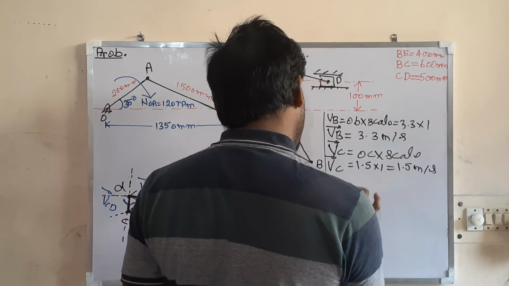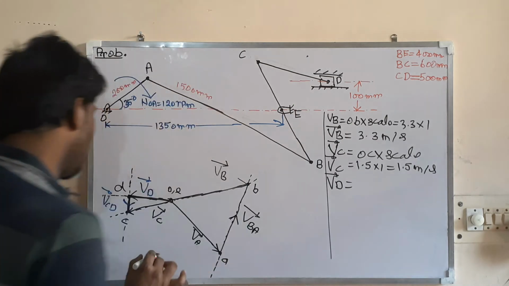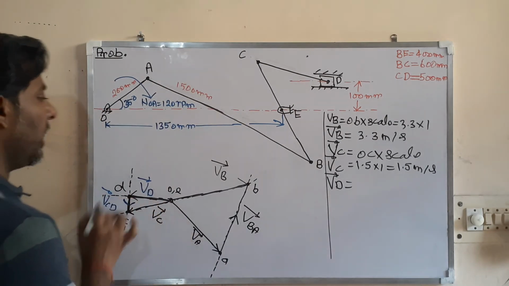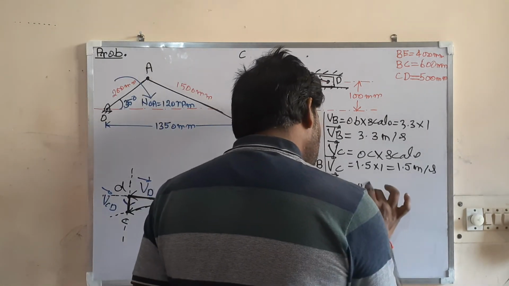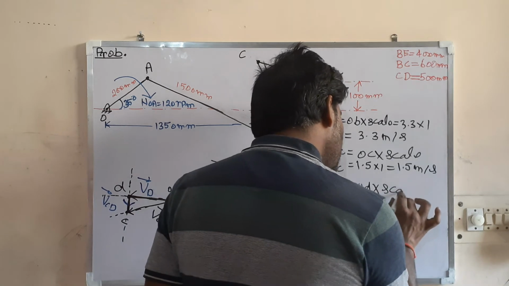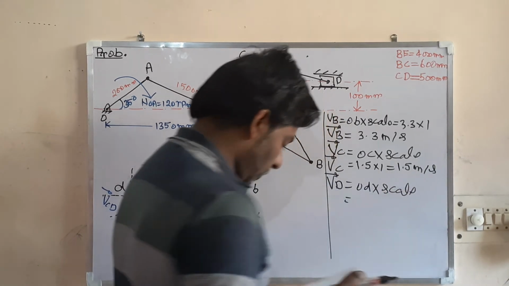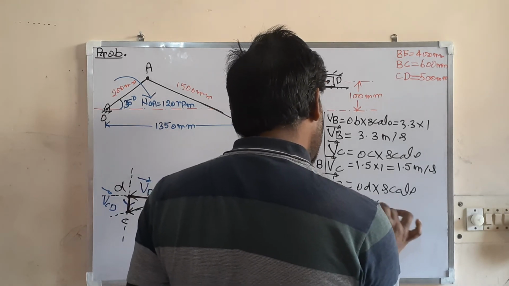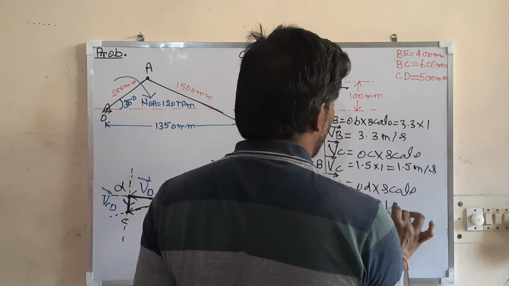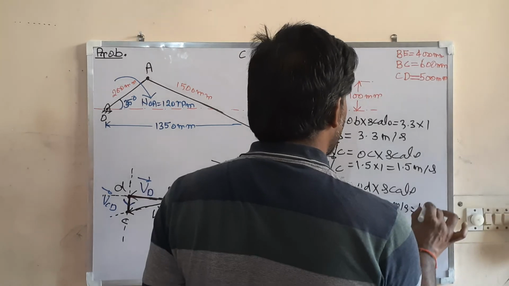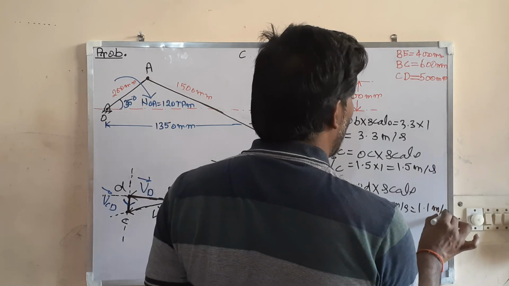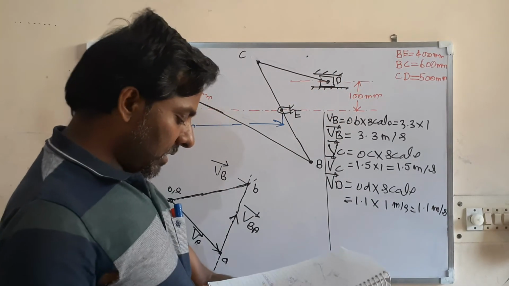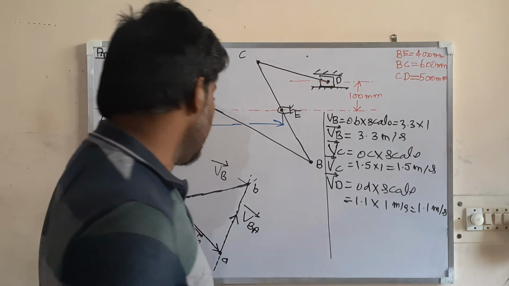Then velocity of point D, where is point D? This is D. So OD into scale. OD is 1.1 centimeter, and 1 centimeter is equal to 1 meter per second. So you are getting 1.1 meter per second. This is velocity of point D.